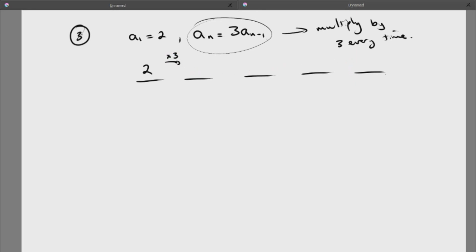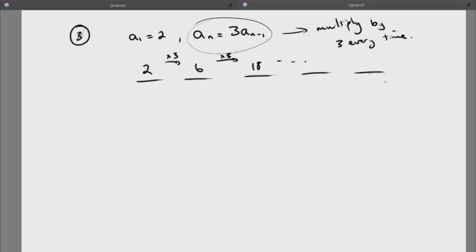So I don't really see the need to make the whole sequence because the question doesn't ask for it. It just asks, is it geometric or not? And based on the recursive formula, directly explaining what we are doing from one term to the next, in this case it's multiplication, and it's always a 3, therefore it is a geometric sequence.